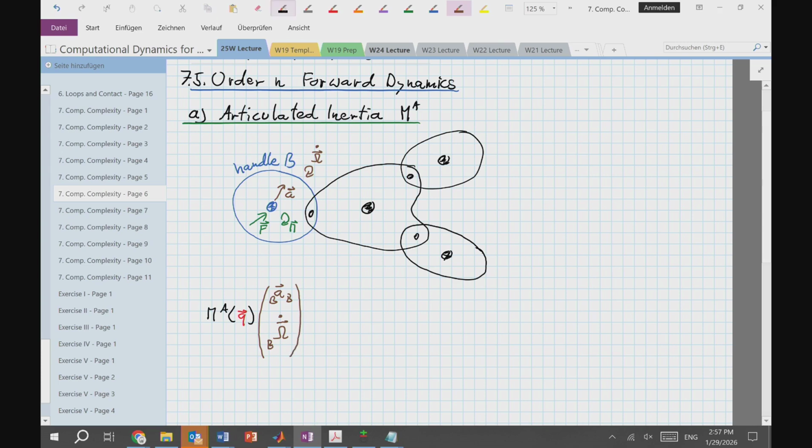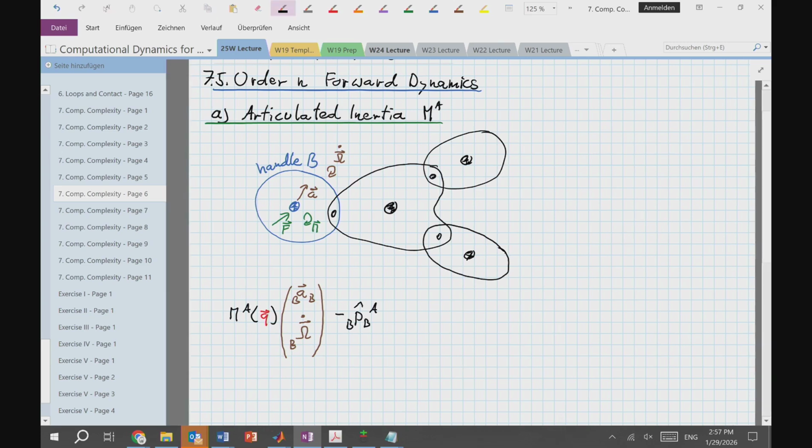I subtract from that what I call a bias force, which also gets these sub-indices and a little hat on top, because it's a 6-dimensional quantity. This bias force will depend on a bunch of things.